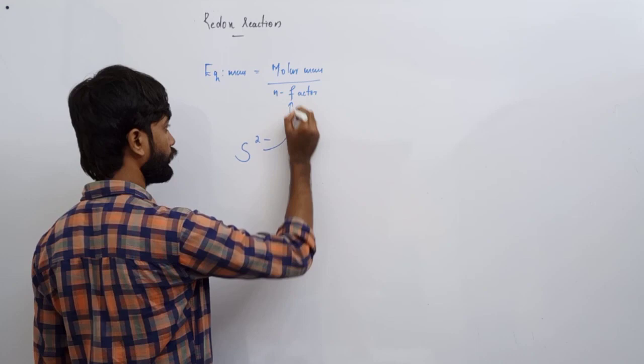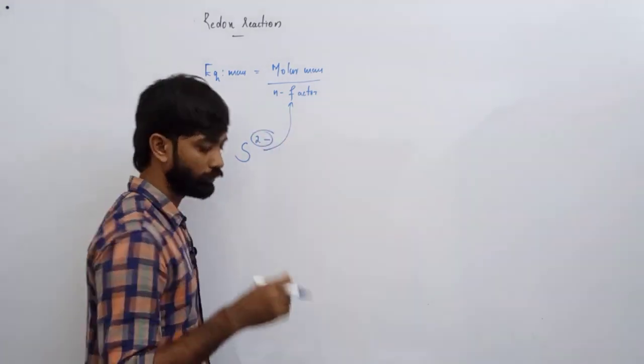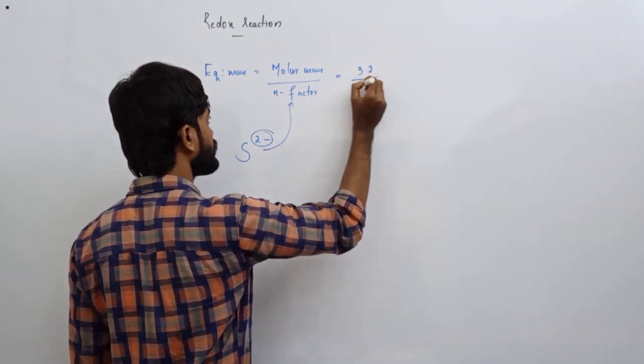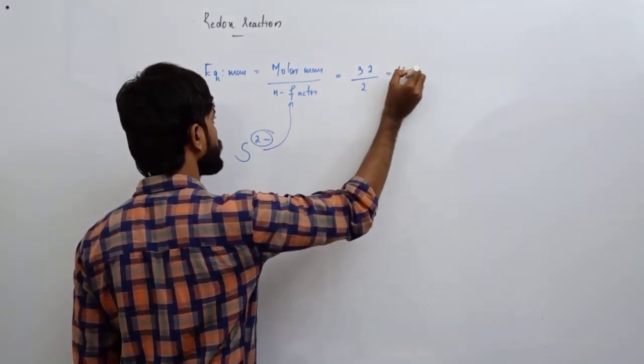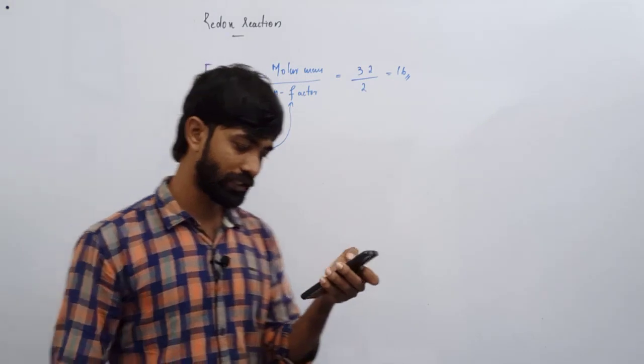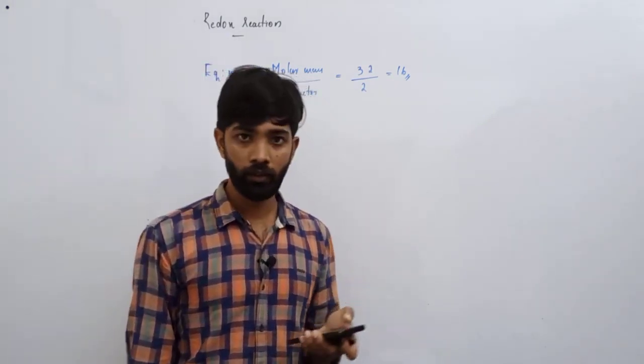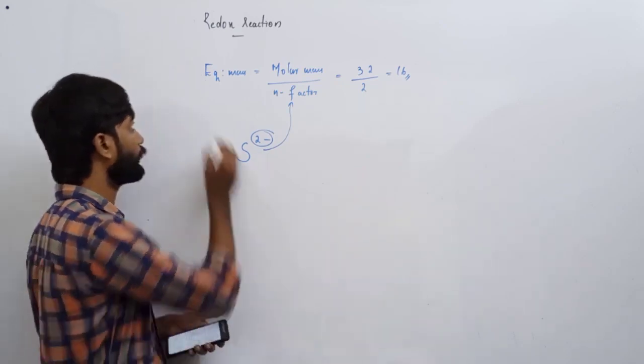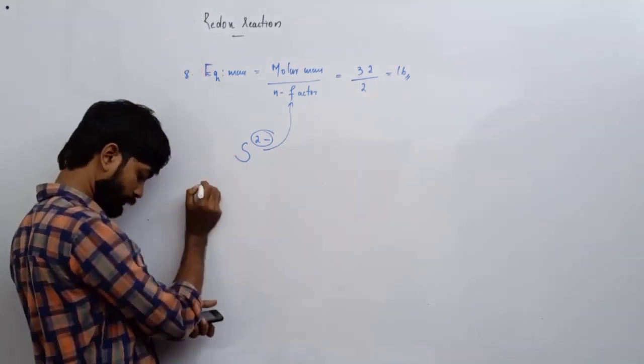So the n factor of that anion is the negative charge of that anion. Molar mass, everybody knows that sulfur has a molar mass of 32. So the n factor is 2 because it is in -2 oxidation state. Okay, so the equivalent mass of the sulfur will be 16.